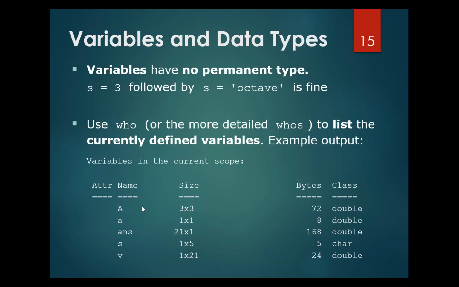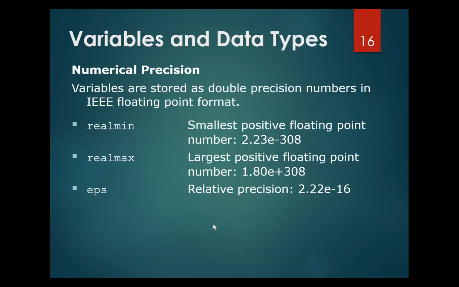So this is a matrix A, capital A is a 3 by 3 matrix. It is occupying 72 bytes, and then the class is double. That is, the data type is double. We have a, which is a 1 by 1. In other words, it's a scalar taking 8 bytes, and it's a double in that order.